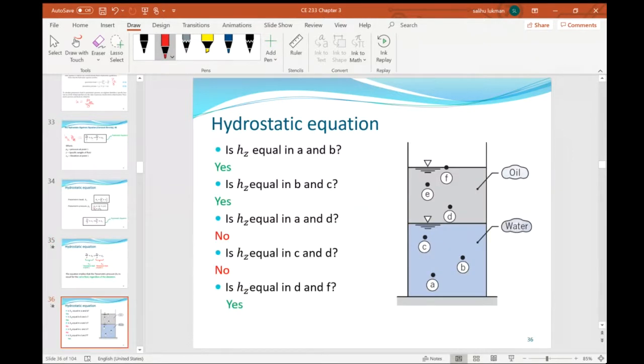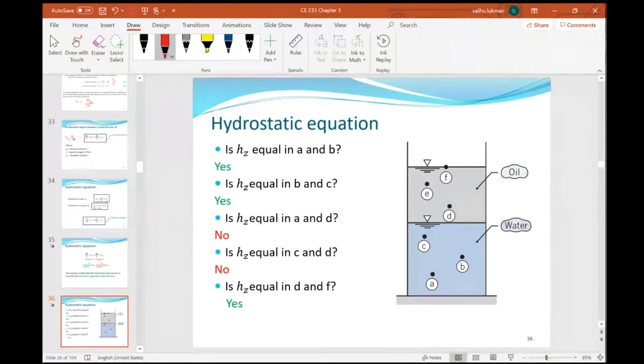Here it is asking, is the piezometric head equal in A and B? This is A, this is B. Yes, they are equal because it is the same fluid. How do we find the piezometric head here?